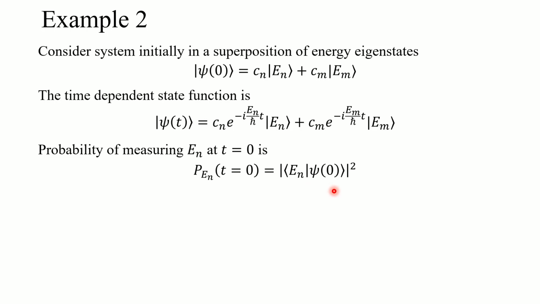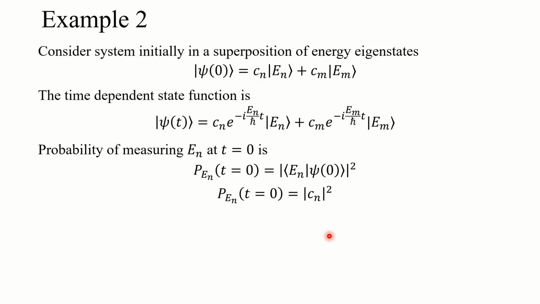If we do that inner product, it's just equal to c_n. The inner product of E_n and E_n is 1 because they're orthonormal, and the inner product of E_n and E_m is 0 because they're orthogonal, so I'm just left with this c_n coefficient, all squared.